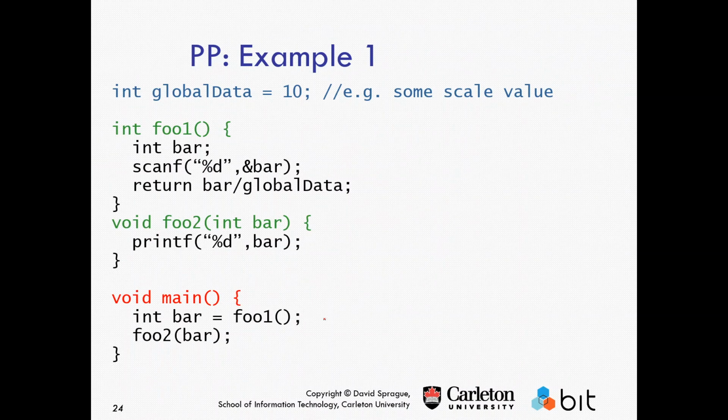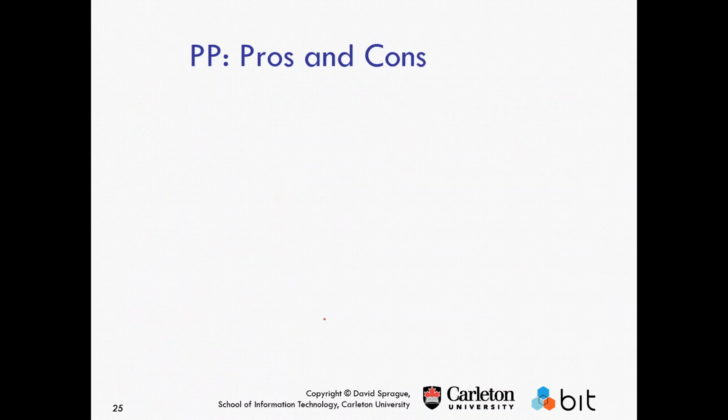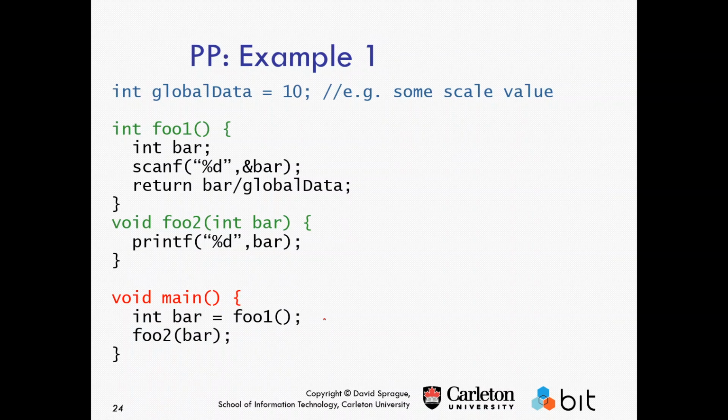So here would be an example of a procedural programming language: foo1, foo2, and main. There are three different functions here. Main knows about foo1 and foo2. Fine. It's just going to go in order. It is the one step after another kind of concept. Getting things like a button is a very different beast.